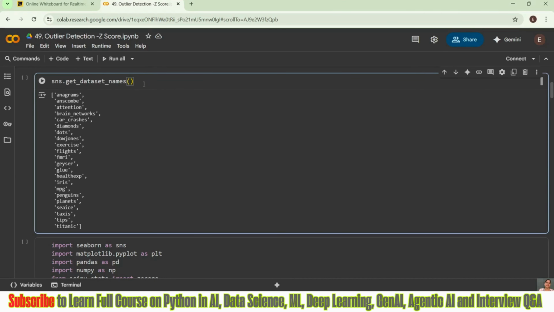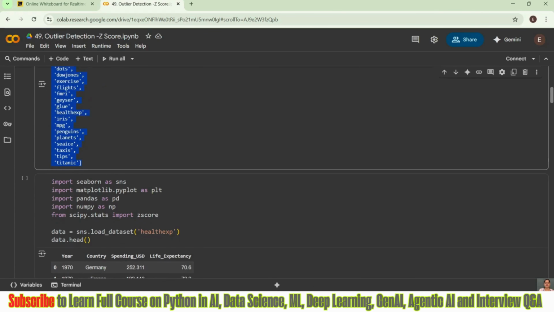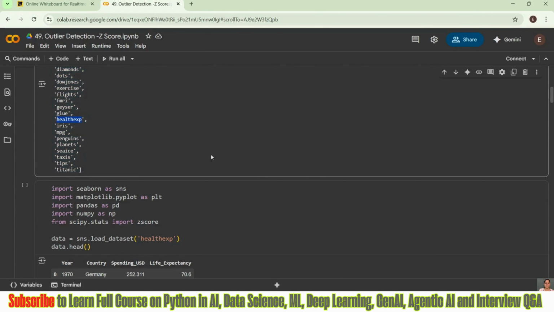So here I have taken one simple line just to refresh your memory. We have already discussed this. sns.get_dataset_names is going to give me all the seaborn datasets present, and I have taken one dataset, health expense.